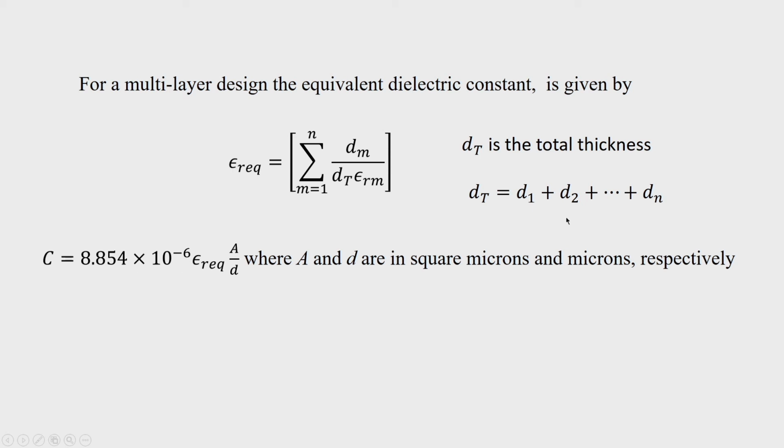This factor comes because of epsilon naught, times epsilon r equivalent A by d, when these A and d are in square microns and microns.